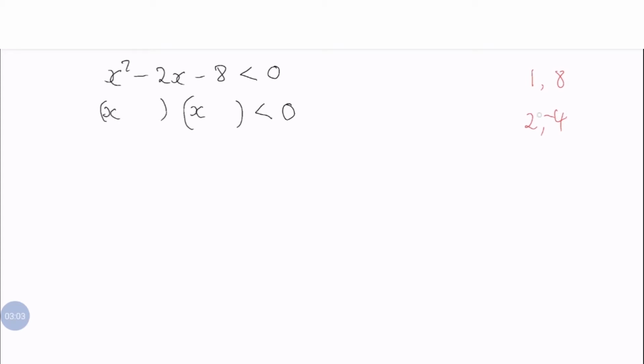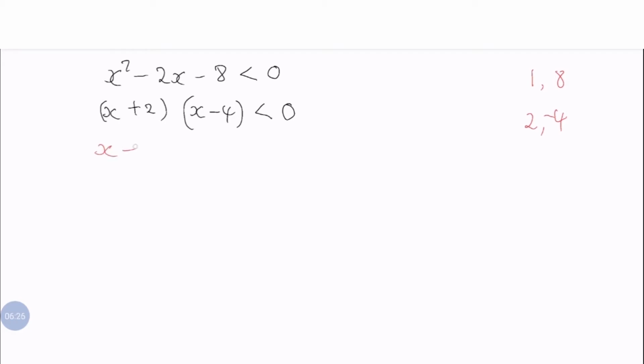Why? Because 2 multiplied by negative 4 is equal to negative 8, and 2 plus negative 4 is equal to negative 2, which is the coefficient of this minus 2x. And then here we will have plus 2 and a minus 4 here. So now we have factorized our quadratic. What's next?